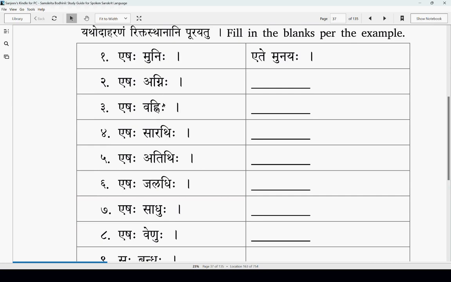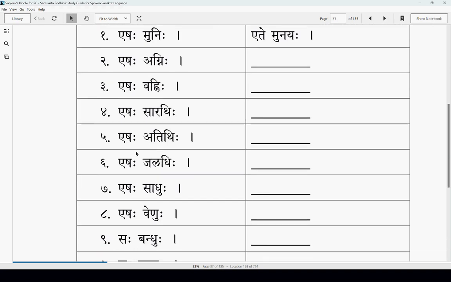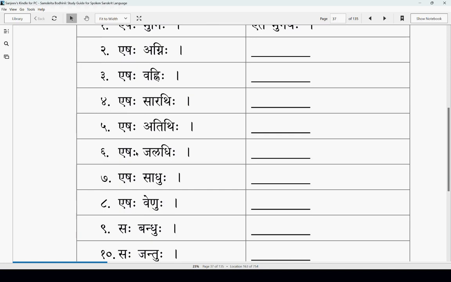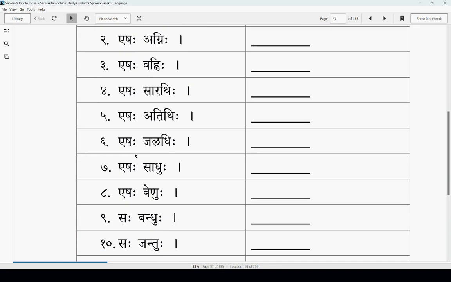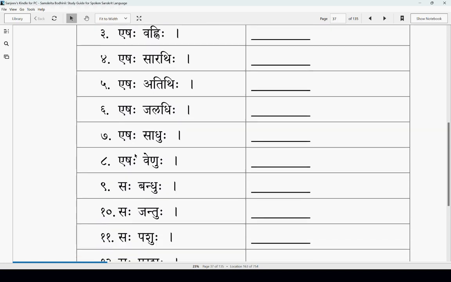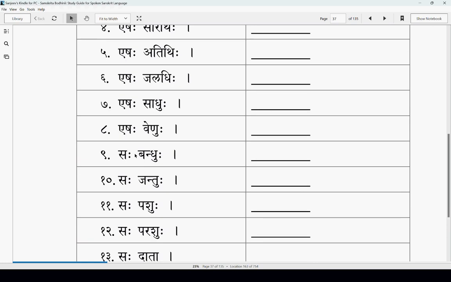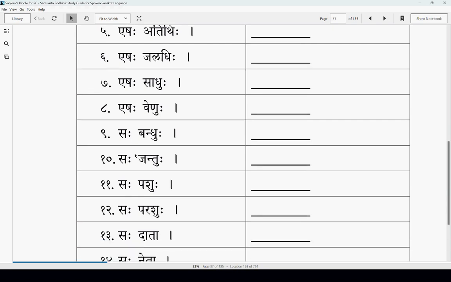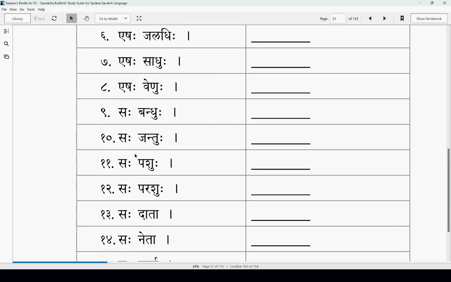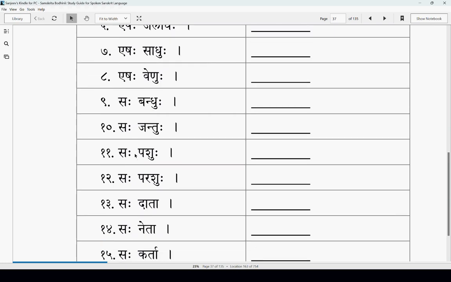Vahni also means Agni, fire. Sarathi, driver, charioteer. Atithi, guest. Jaladhi, usually ocean or sea. Sadhu is a saint. Venu, what is Venu?